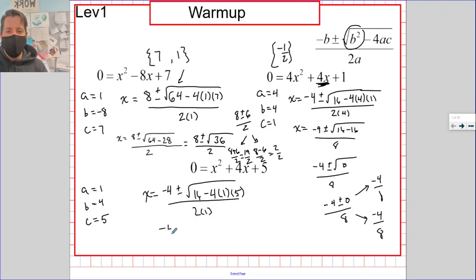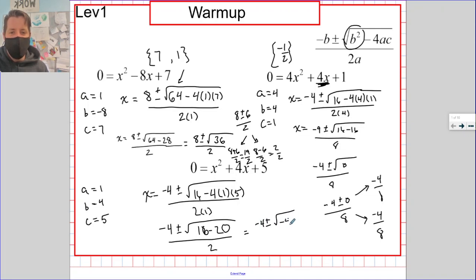I'm going to get negative 4 plus or minus the square root of 16 minus 20 over 2. Now, 16 minus 20 is negative 4. And I know that using real numbers, I am not allowed to take the square root of negative 4. So that means that this problem is going to have no real solutions.